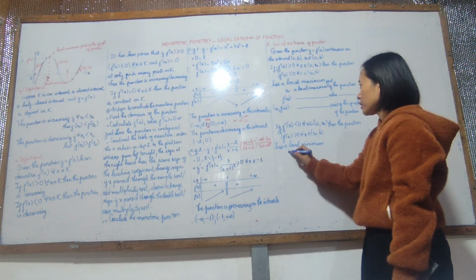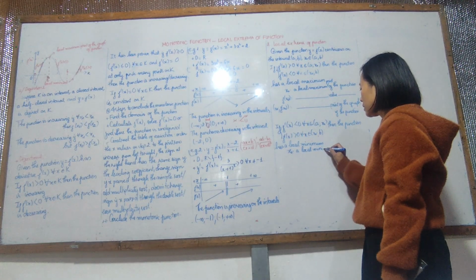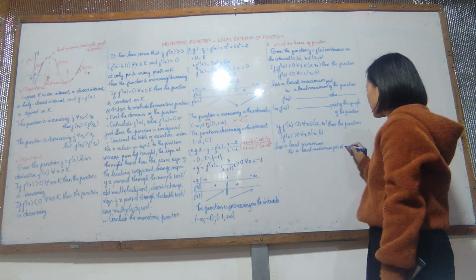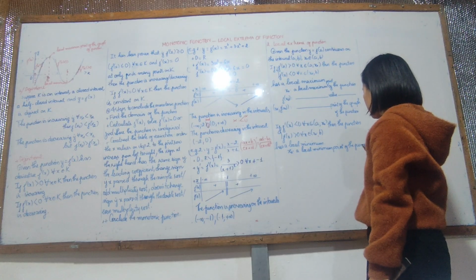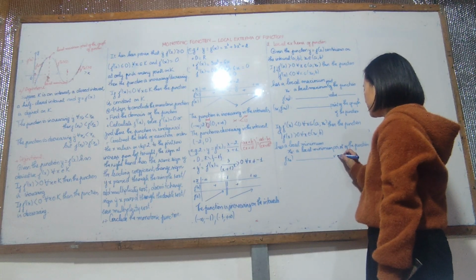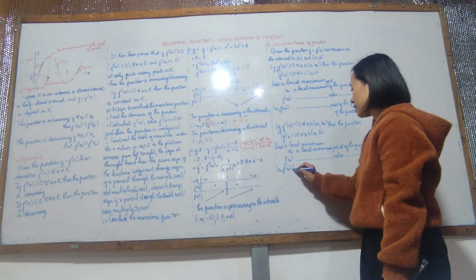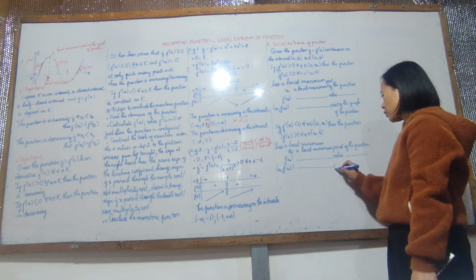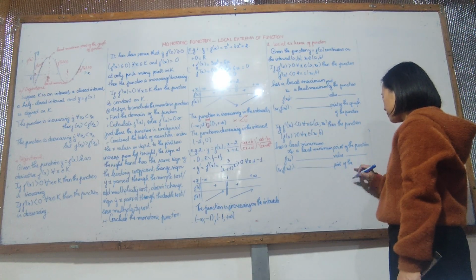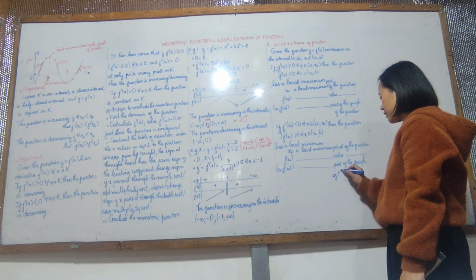In this case, we call x0 a local minimum point of the function. f(x0) is a local minimum value, and (x0; f(x0)) is a local minimum point of the graph of the function.